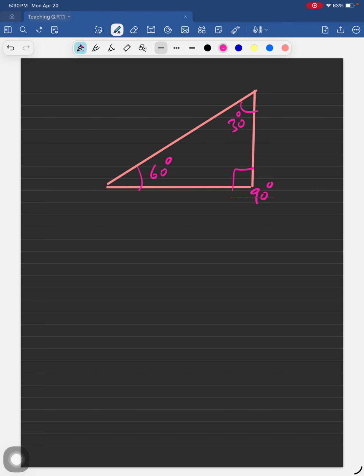So remember the right triangle which is 30 degrees, 60 degrees and 90 degrees.